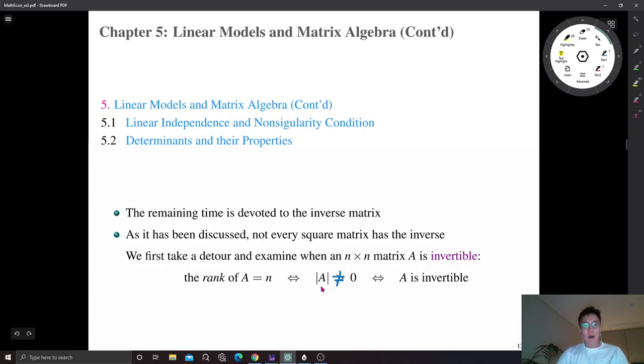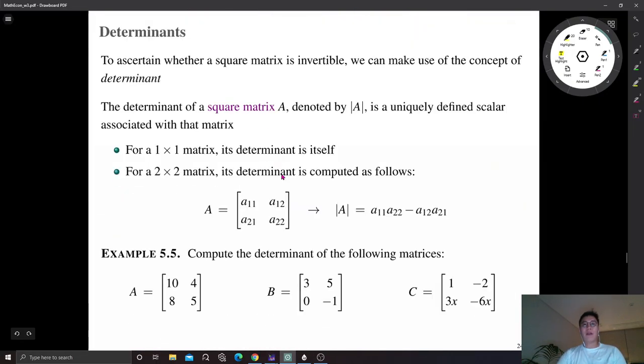Okay? We are going to discuss this implication further next week. And in this video, let me just tell you how to compute the determinant in 2 by 2 and 3 by 3 matrices.